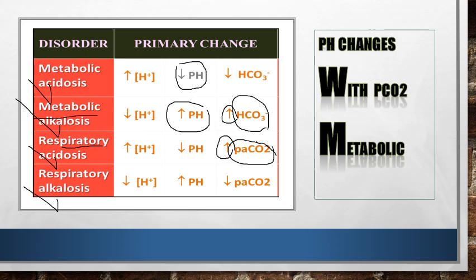And you can use this trick: when the pH increases with the CO2 increase, it is metabolic. The W can be reversed to M. When the pH changes with the CO2, you are dealing with a metabolic problem. When the pH changes against the CO2, you are dealing with a respiratory problem.